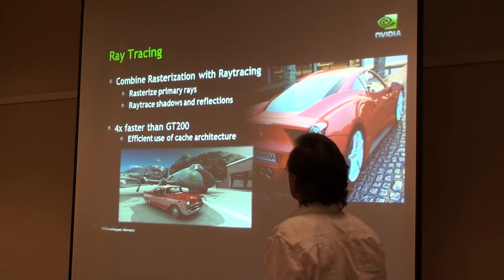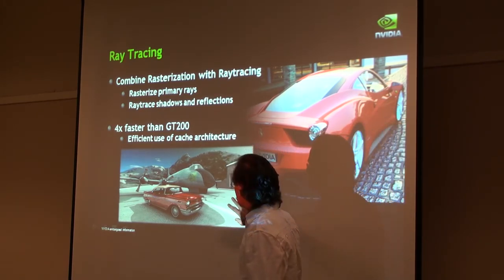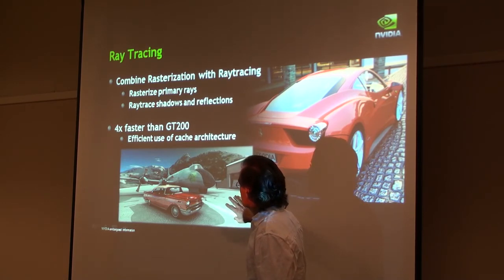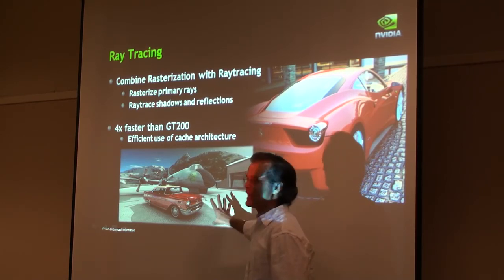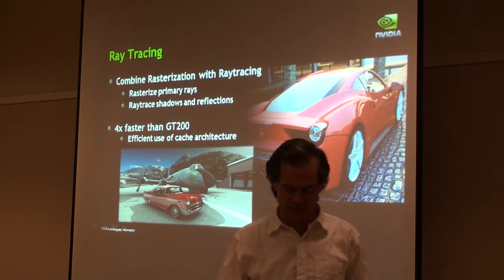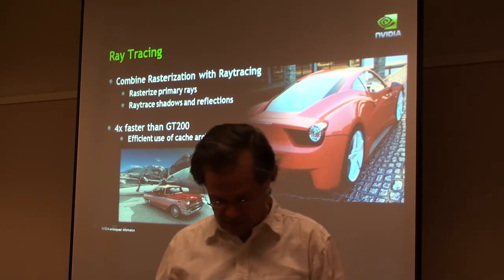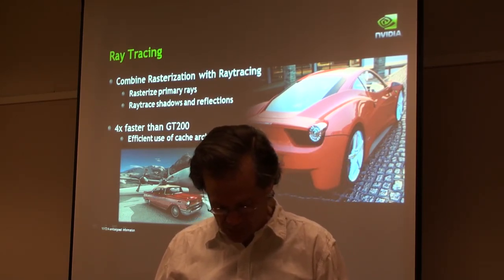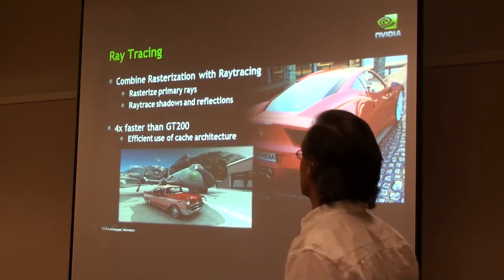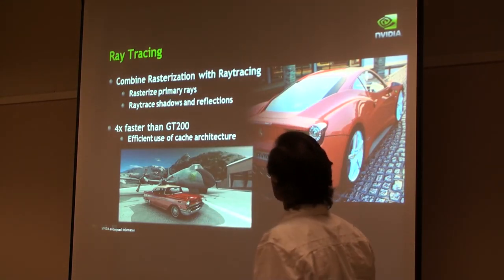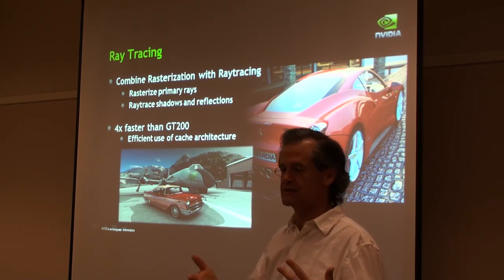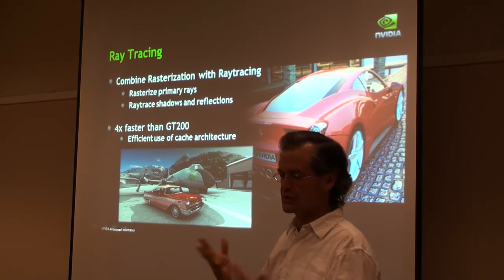But then ray tracing is used to create realistic reflections and accurate shadows. So this is an example of a trend that I think we'll see more and more, that people are starting to call hybrid rendering, where you use a variety of techniques to produce an image.